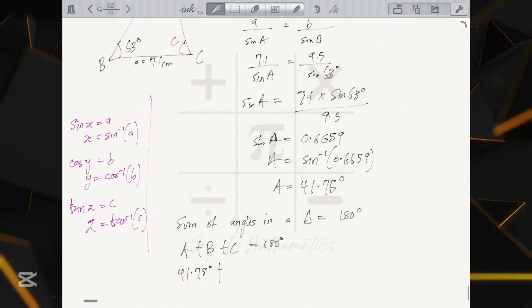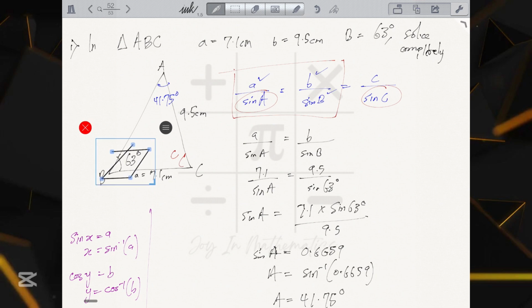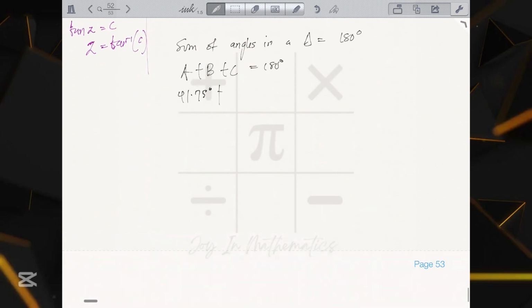The angle at B, given in the question, is 63 degrees. And we are looking for the angle at C. Making C the subject of the formula, we have 180 degrees minus 41.75 minus 63 degrees.